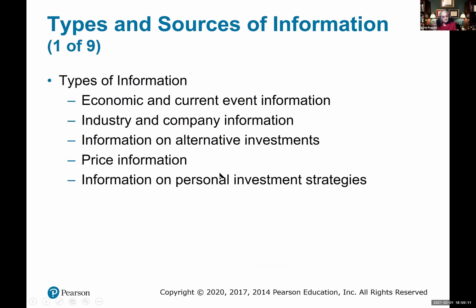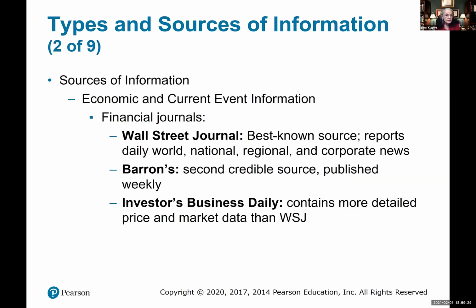Now, here are different types of information: economic and current event, industry and specific company, alternatives, price, and your personal investment strategies. Obviously, the big one, the Wall Street Journal. It's the best known source, and it reports daily. Barron's is another one, and Investor's Business Daily.